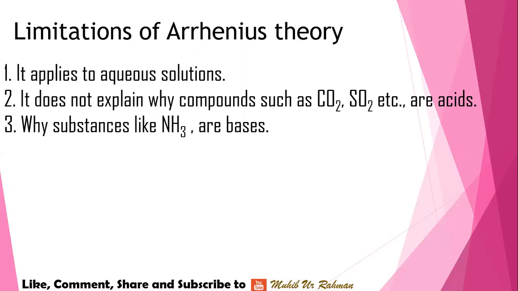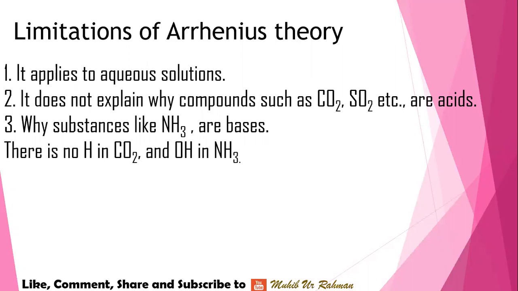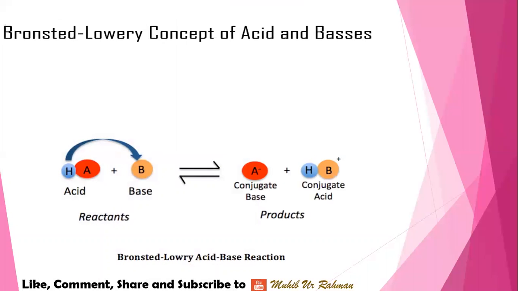Similarly, NH3 is a base, but Arrhenius cannot explain why it is a base, as there is no OH negative hydroxyl ion in NH3. So these limitations were removed by Bronsted and Lowry.